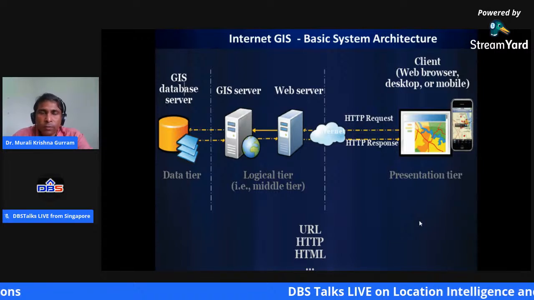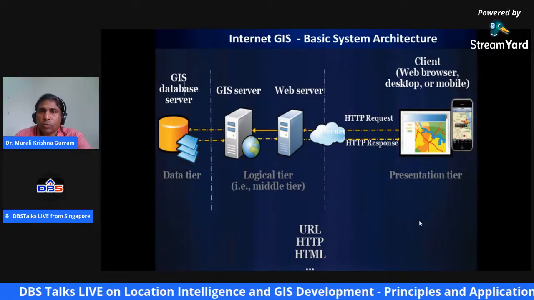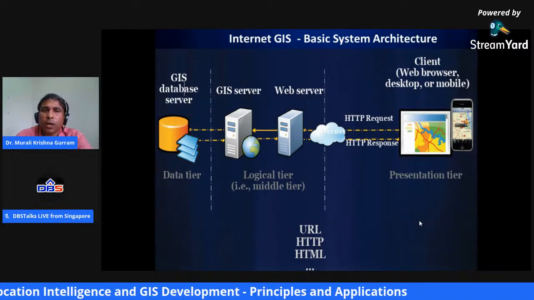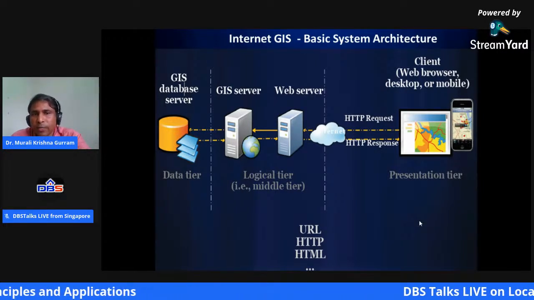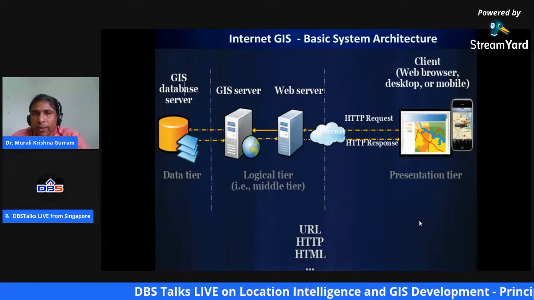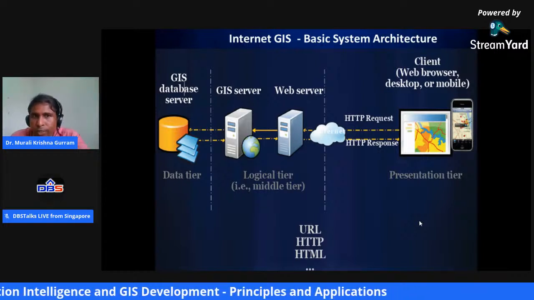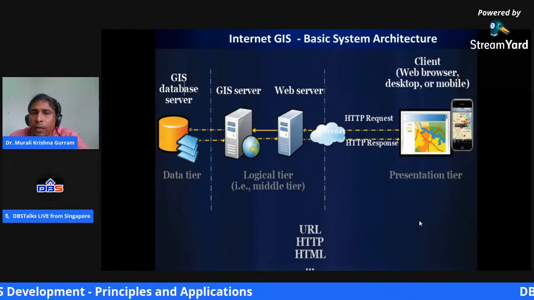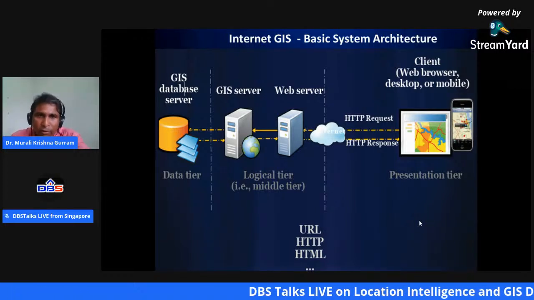As I told you, if you have a close look at the basic system architecture of Internet GIS, you have a multi-tier architecture. You have the data tier. In between, you have the logical tier, where your GIS server and your web server sit, communicating between the client and the database.